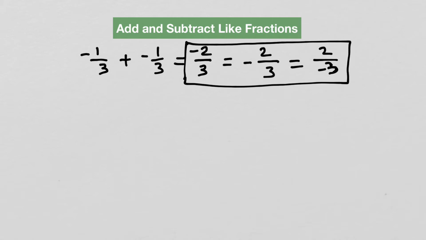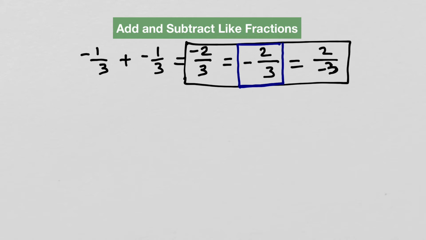The correct way, the most correct way, however, is this middle one right here. Okay, and you'll see this in most textbooks and standardized tests. They'll put the negative directly across the bar. Okay, but like I said, either way, it's exactly the same. Okay, so this blue box is the standard way.